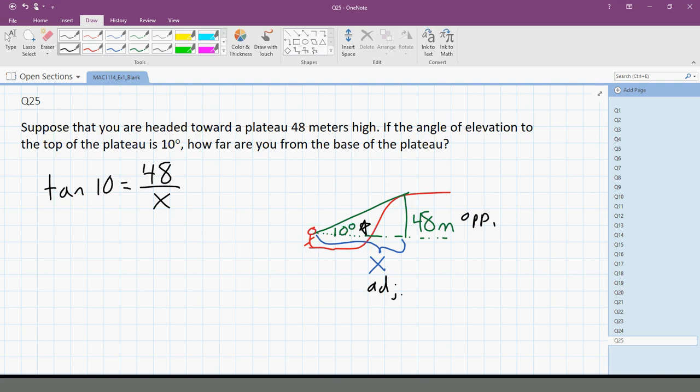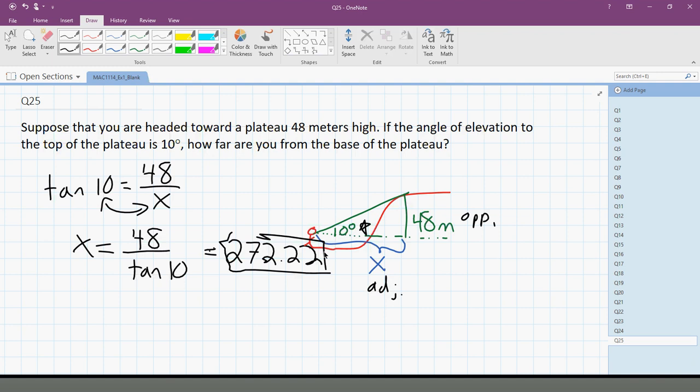And again, we just talked about this a moment ago. All you've got to do is switch those around and do your quick division. This one wants you to round to 2 decimal places. Perfect. And that's it.